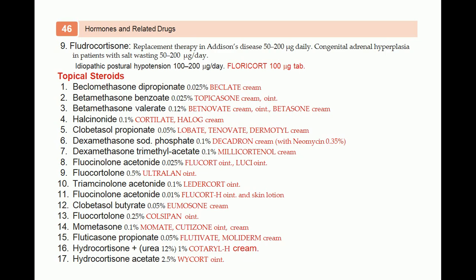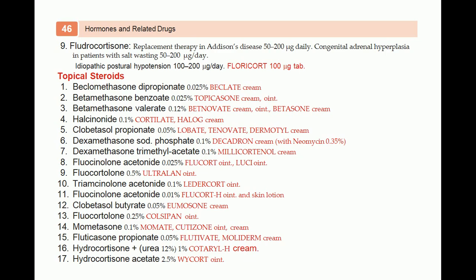Clobetasol butyrate 0.05% and fluocortolone 0.25%, Colcipal ointment, and mometasone 0.1%, like Momate and Cutizone ointment and cream.